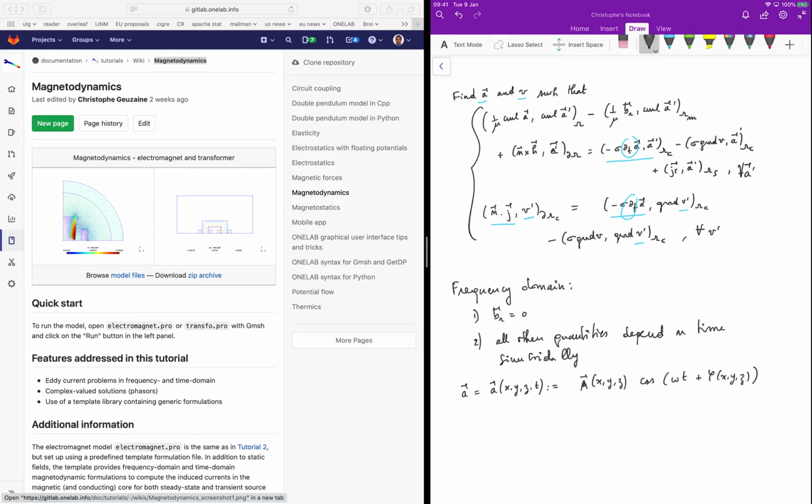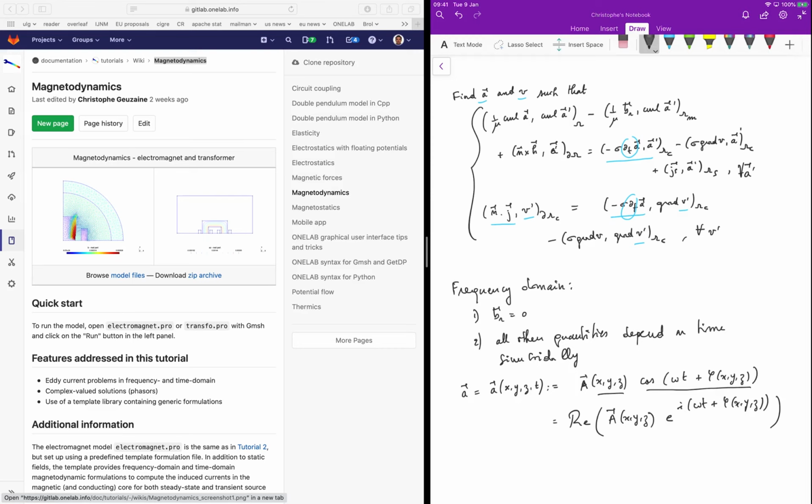Okay? So if A is a vector field that still depends on the position, but the time dependency I can write like this, then I can write it also like this, right? I can write it as the real part of my field A of x, y, z that multiplies e to the I omega t plus phi of x, y, z.